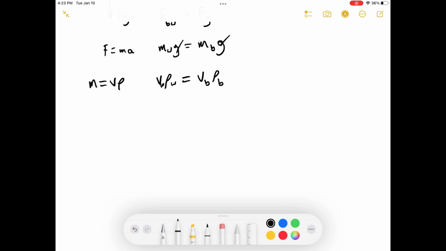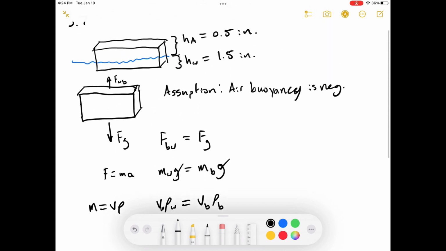It gave us a hint in the problem statement to break up this volume into cross-sectional area times the height. And so the heights will be variables that we know, and we'll just pull that out of the cross-sectional area. So the volume of the water displaced is equal to the cross-sectional area of the block times the height of the block in the water, so HW.